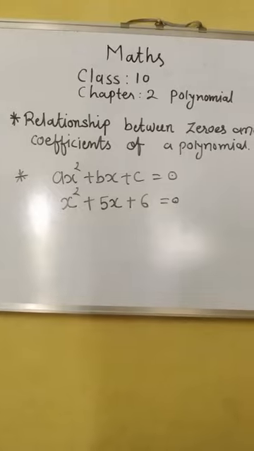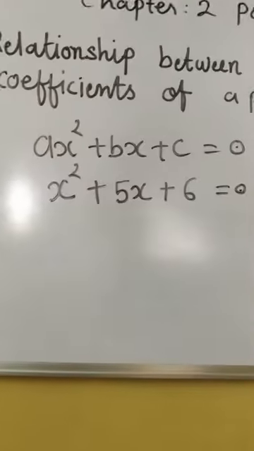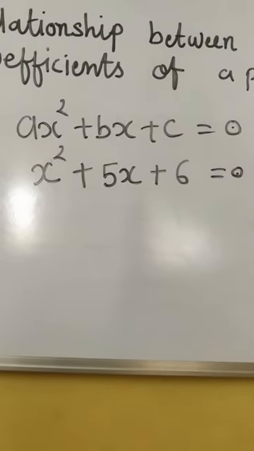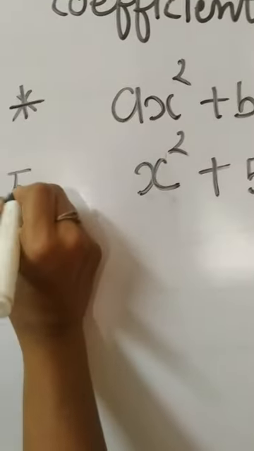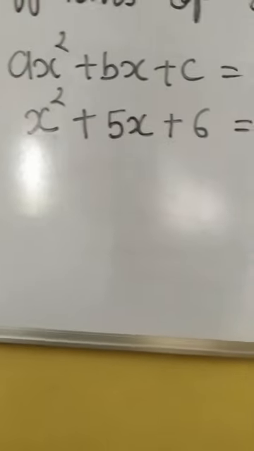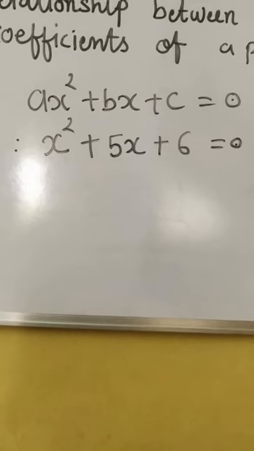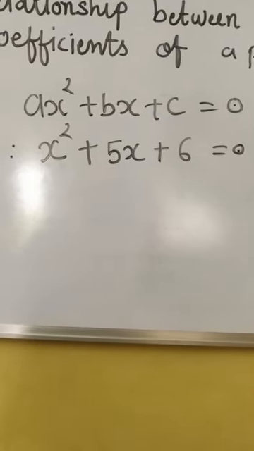As we have discussed about a linear polynomial, now you can see this one is a quadratic polynomial which having degree as 2, and I have taken one example. The example is x square plus 5x plus 6 which is equals to 0. Now here the topic is that we have to find 0 for this given polynomial.